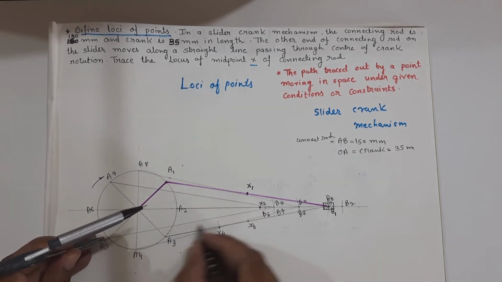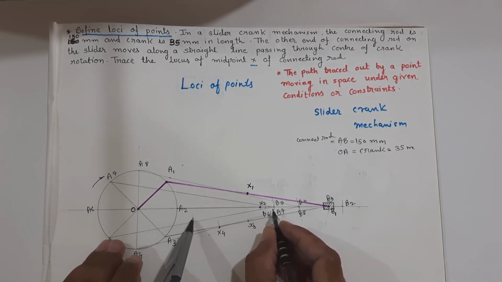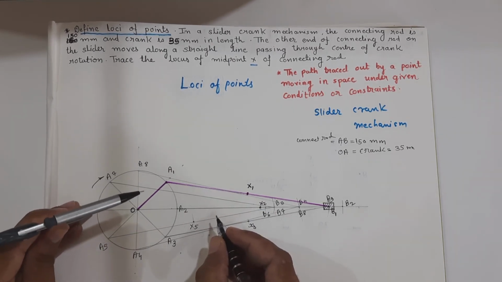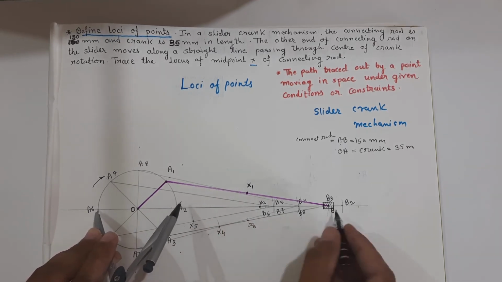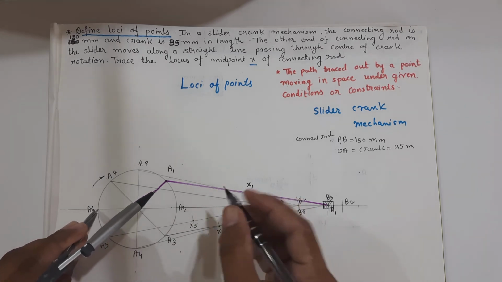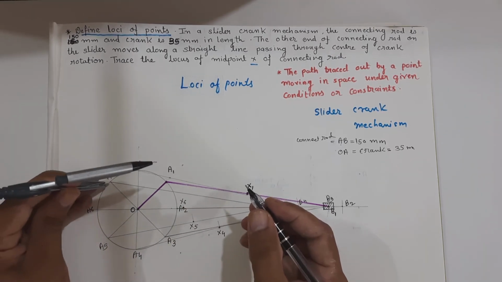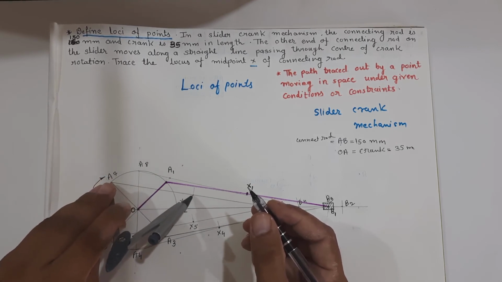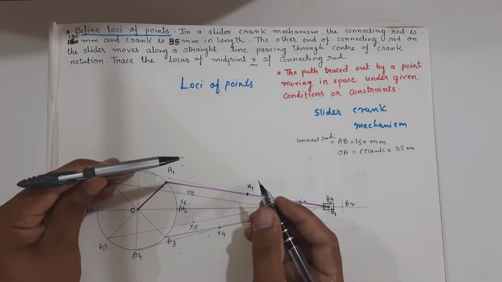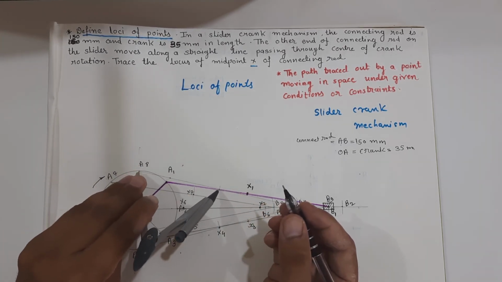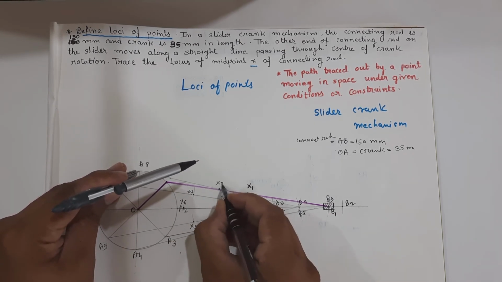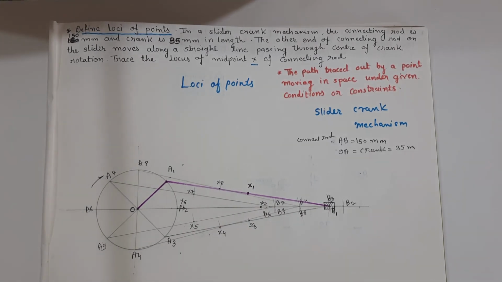Now A5 to B5, this will be X5. A6 B6, this will be over here X6. Over here we will get X7, and on this line over here X8. So these are the loci of X.